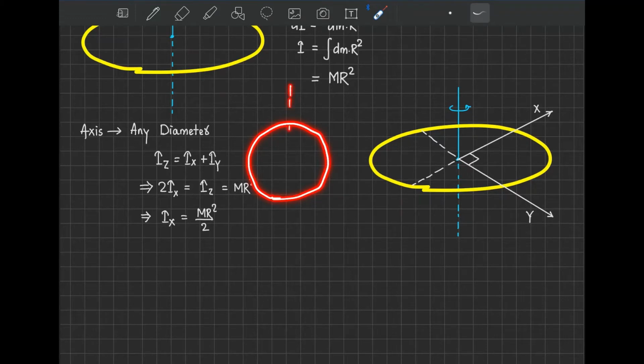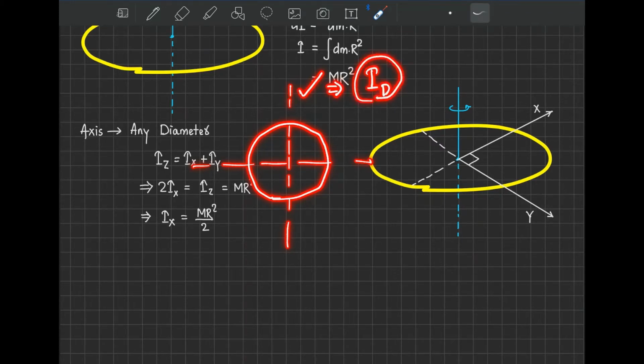It doesn't matter which diameter we take. If we take this diameter, let's say the moment of inertia is Id. Then about this diameter also the moment of inertia will be Id, because if we divide the ring by drawing any diameter, the ring is always equally divided. So all the diameters are symmetrical.